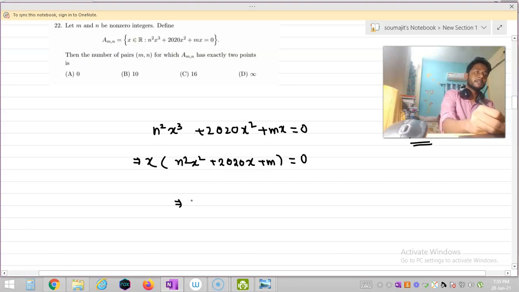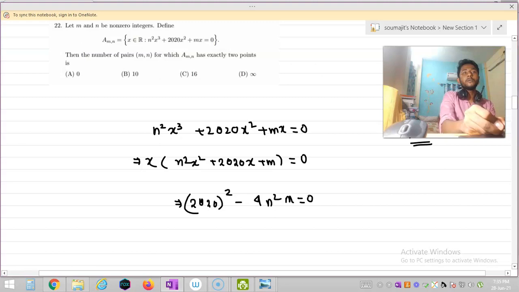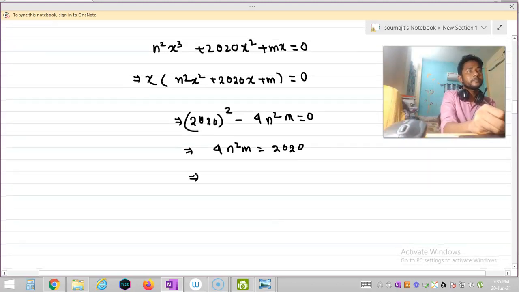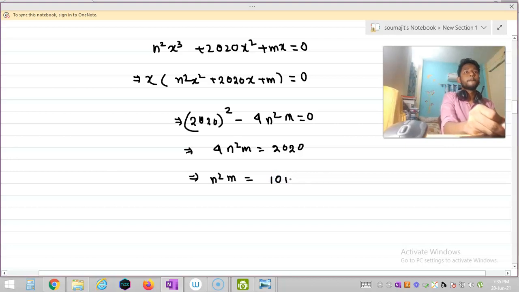So I can write it as b square minus 4 n square m is equal to 0. So I can write it as 4 n square m equal to 2020 square. Hence I can write n square m as 1010 whole square.